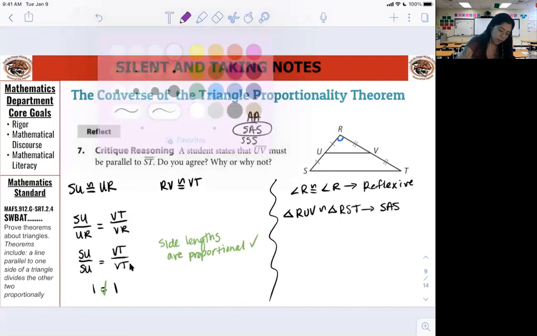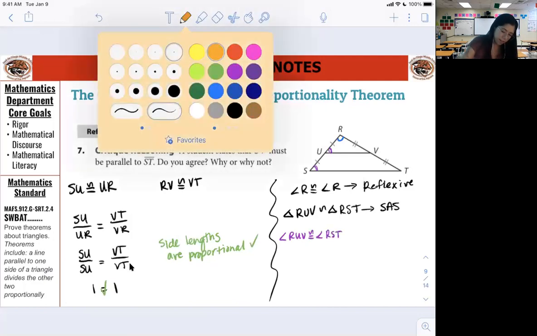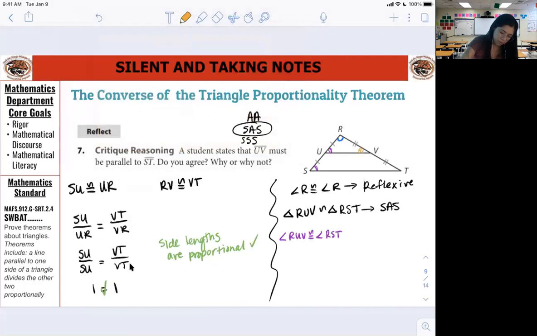So therefore, angle RUV is congruent to angle RST, and on the other side, angle RVU is congruent to angle RTS.